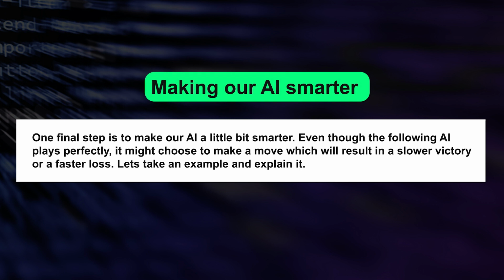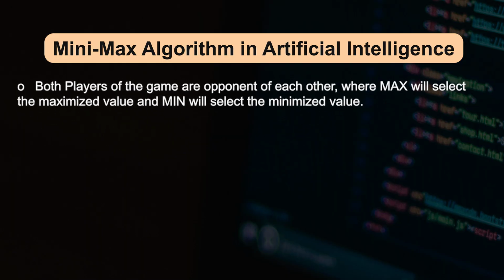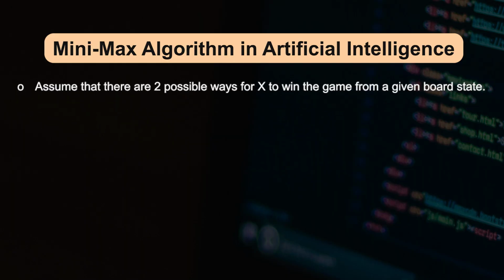Making our AI smarter. One final step is to make our AI a little bit smarter. Even though the AI plays optimally, it might choose to make a move which will result in a slower victory or a faster loss. Let's take an example and explain it. Assume that there are two possible ways for X to win the game from a given board state.